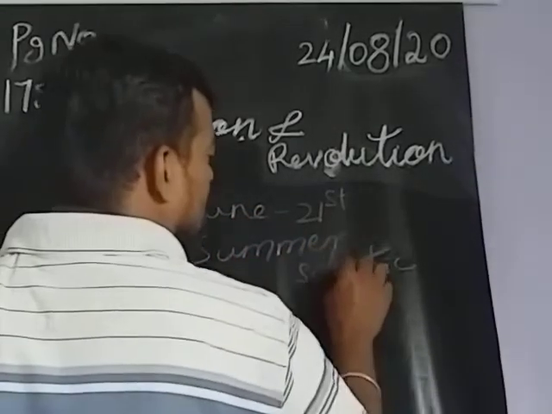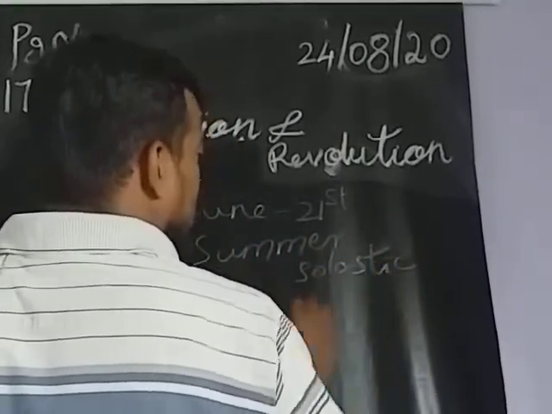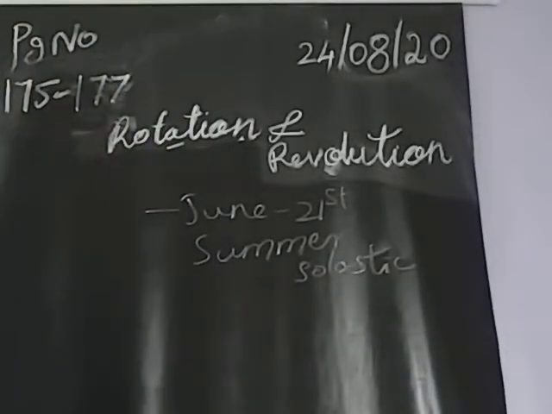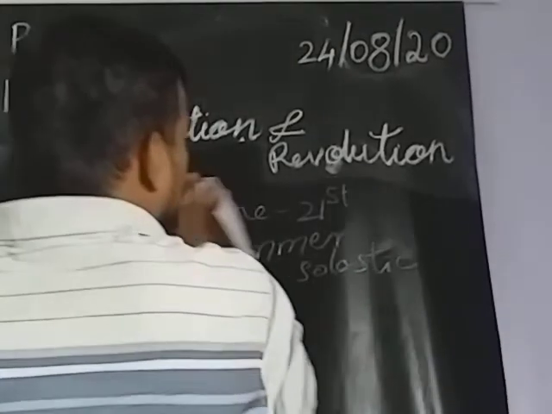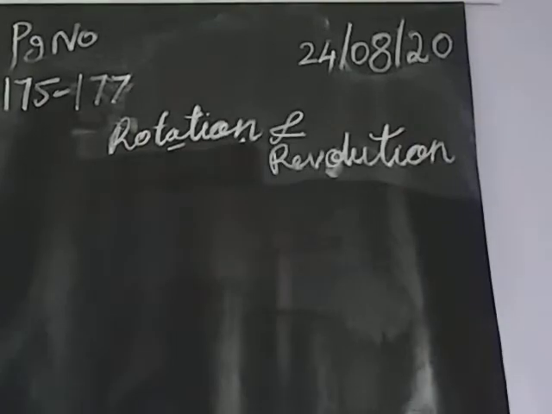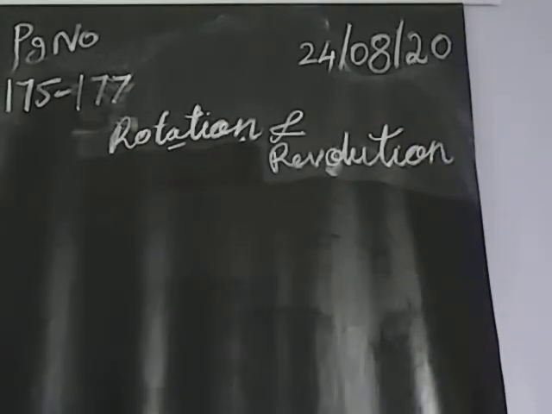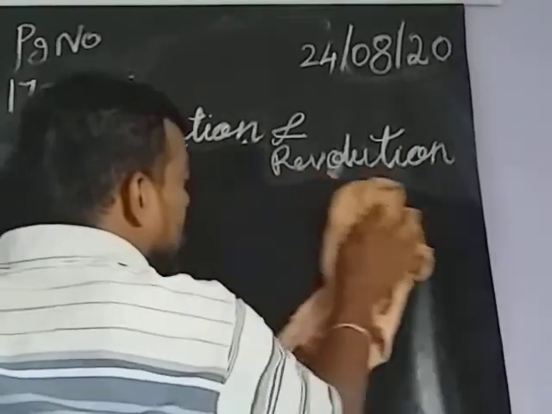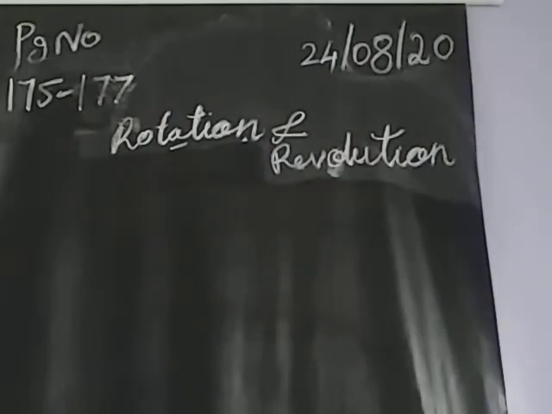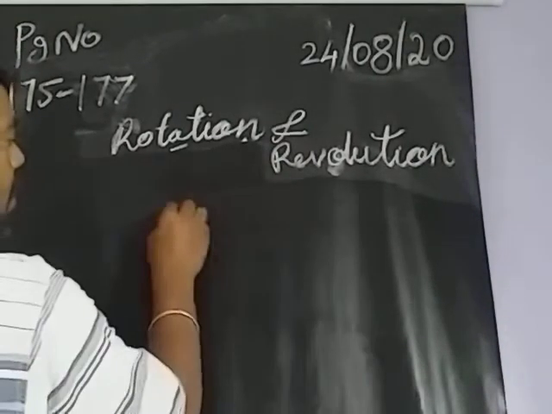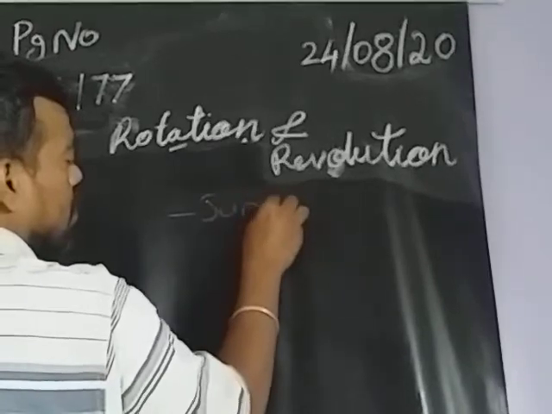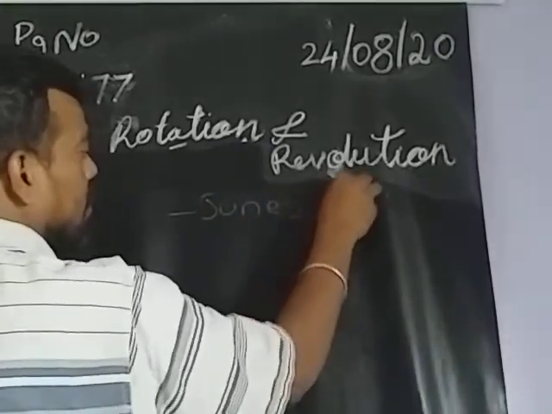That one day alone we get the summer solstice. Summer solstice means we get the longest day, on June 21st.